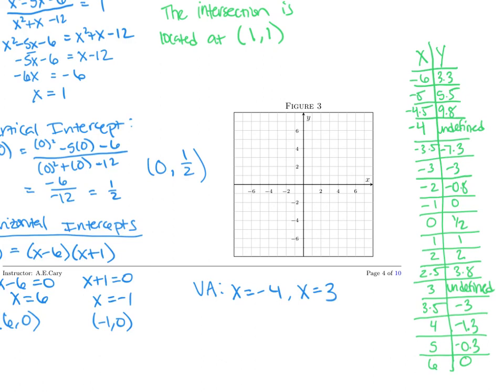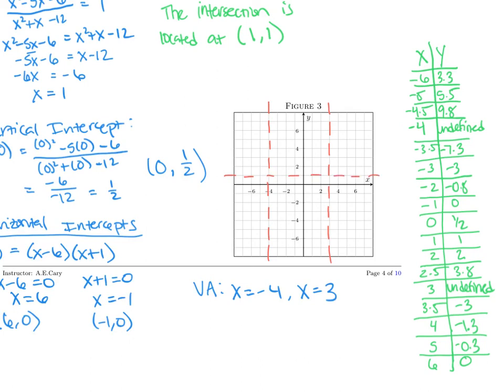Feel free to take a look at the completed notes for this page. The table and the graph will already be there. Anyway, let's graph what we know. So we know we have a vertical asymptote at x is equal to -4. We have another one at x is equal to 3. We have a horizontal asymptote at y is equal to 1.